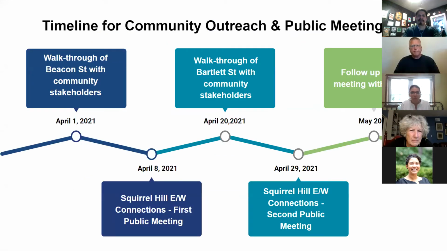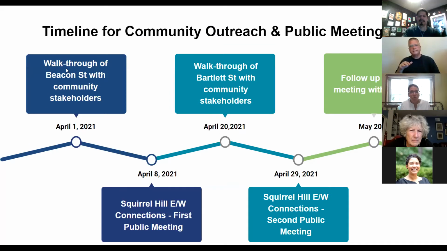We have had this series of meetings. It began at the beginning of the month with a walkthrough with Beacon Street neighbors, unfortunately on a cold and blustery day, as April would offer to us. On April 8th, we did have a well-attended public meeting where we talked about a number of these different alternatives.